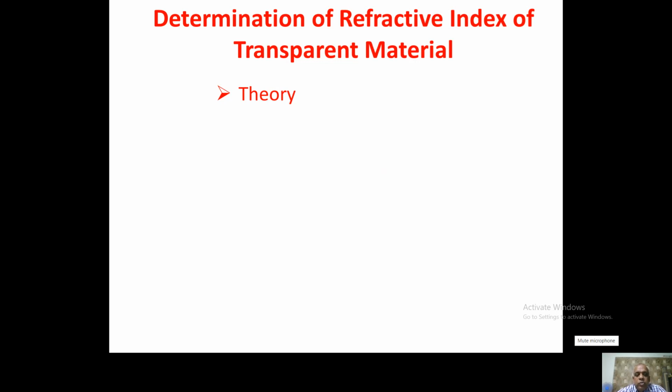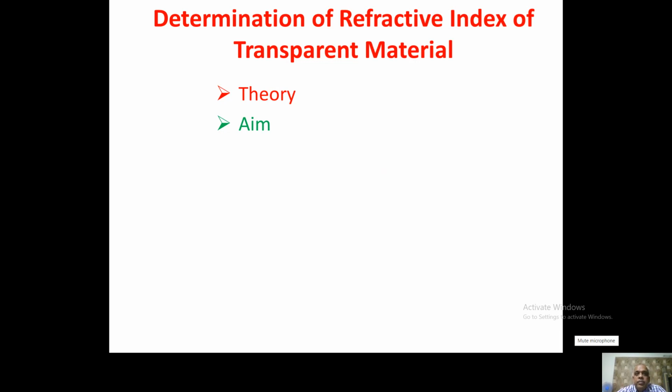That is, what is meant by light, then polarization, then Brewster's law. By using Brewster's law, that means polarization by reflection, one can determine the refractive index of the transparent material.